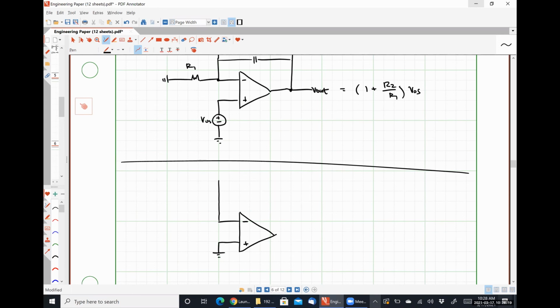Now, neglecting our offset voltage, here's the output, R2.